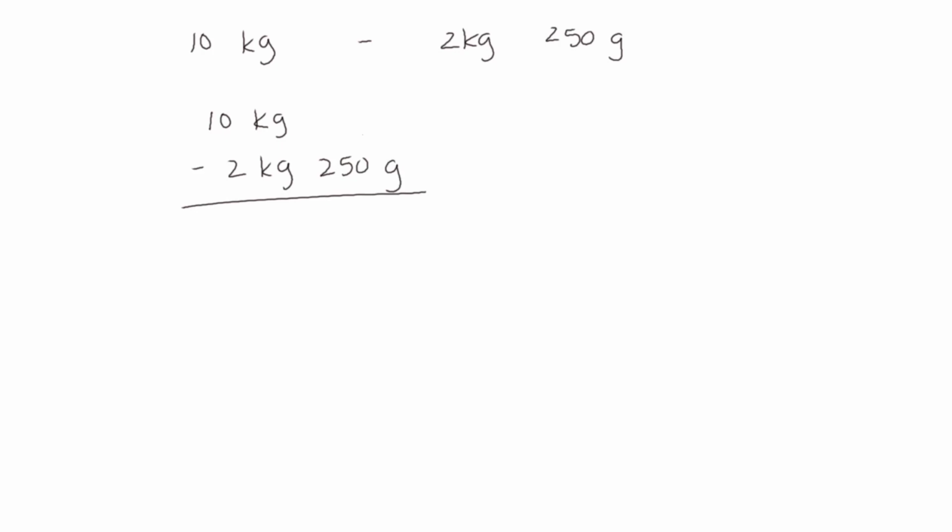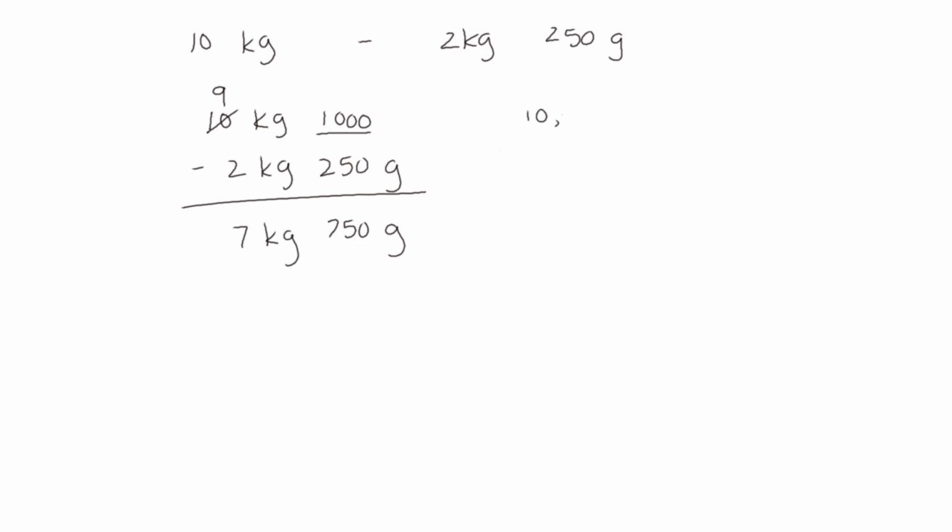And as we would with any subtraction problem, when there's nothing here to subtract, we would regroup and subtract 1,000 from 250 and get 750 grams. And then we could subtract 9, take away 2, which would be 7. That would be one strategy.